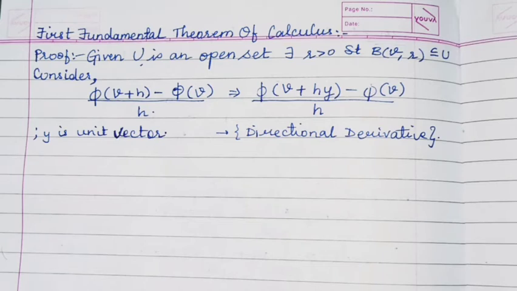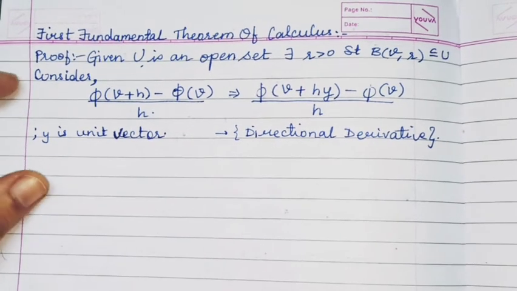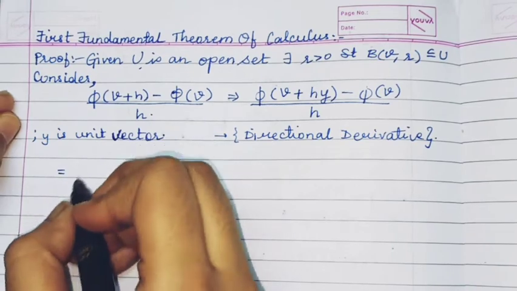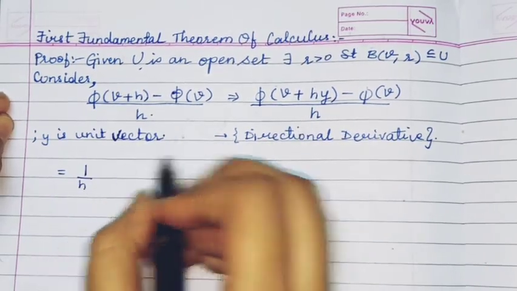Now we will write the same in the form of integration for the vector field capital F. 1 upon h remains as it is.